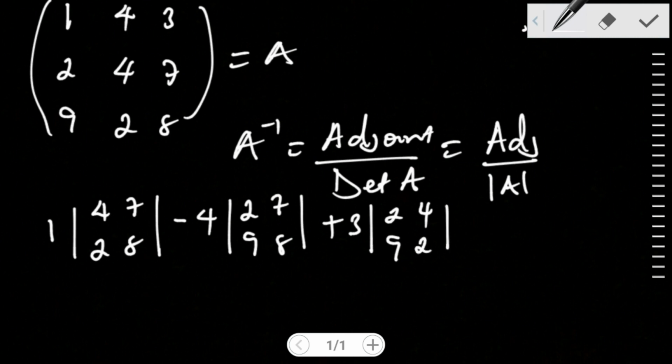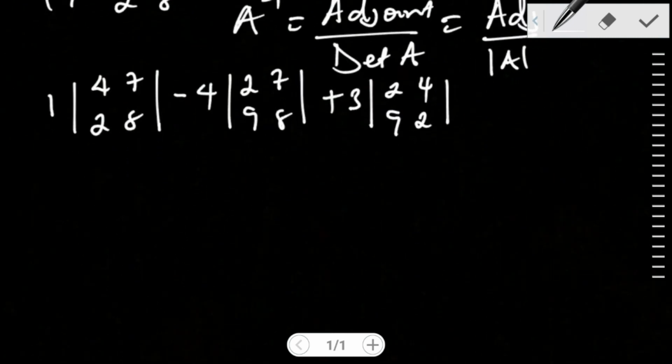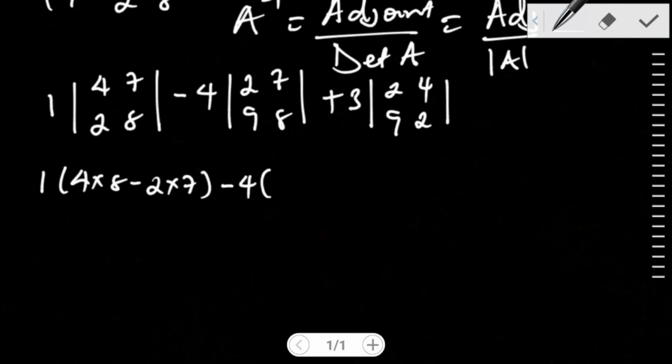The next thing is to do the operation. So this will be 1 into 4 times 8 minus 2 times 7, minus 4 into 2 times 8 minus 9 times 7, plus 3 into 2 times 2 minus 9 times 4.